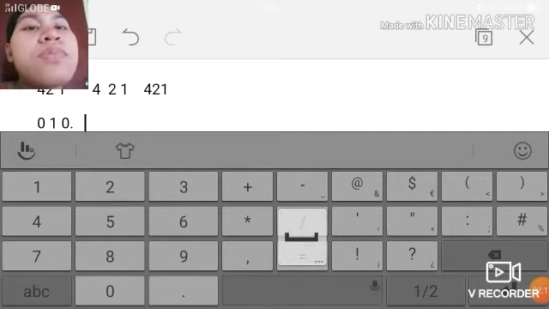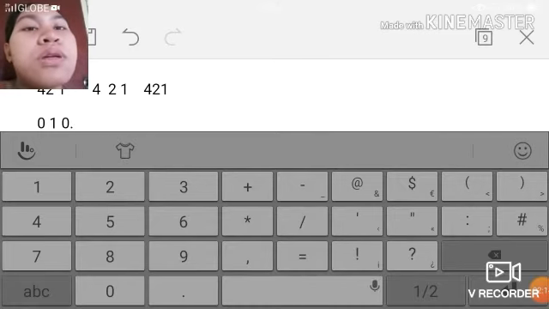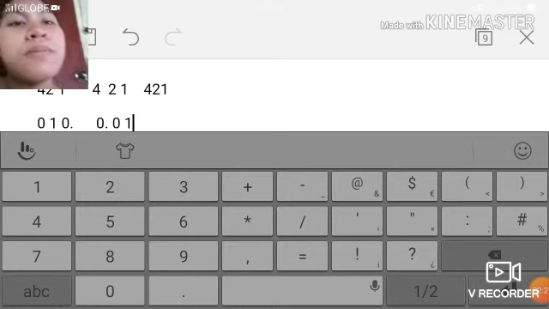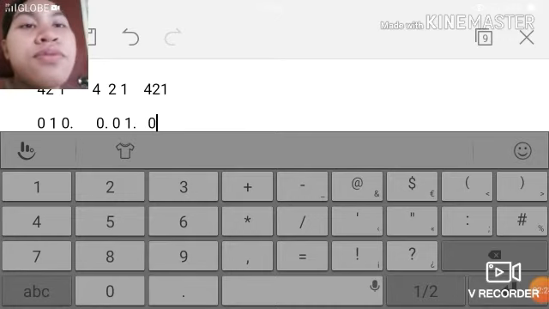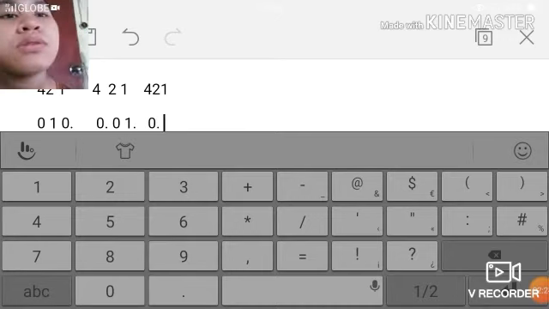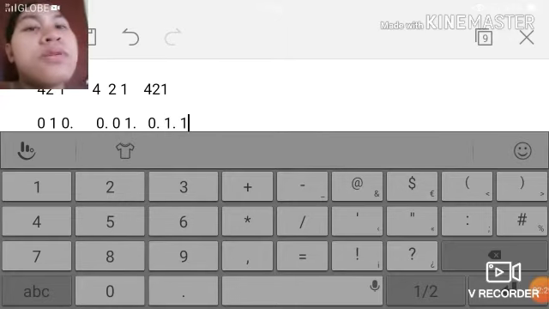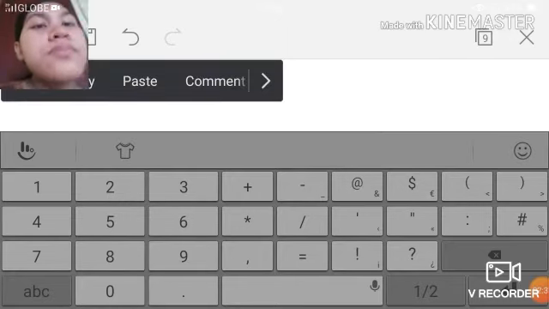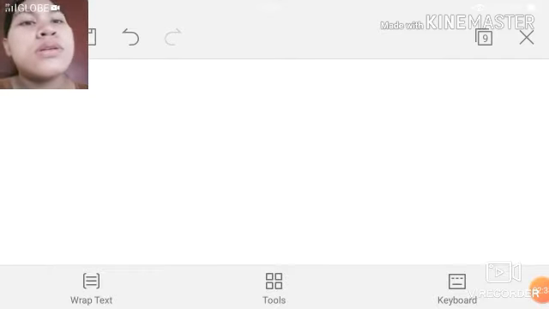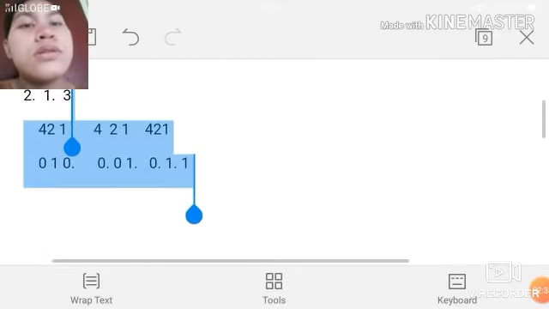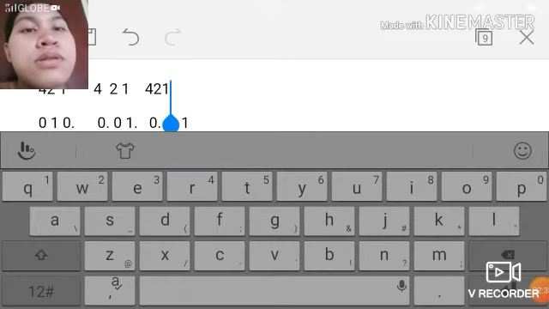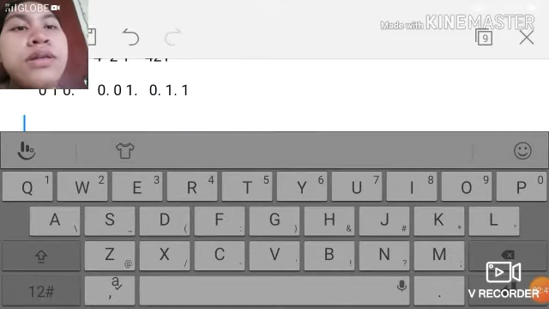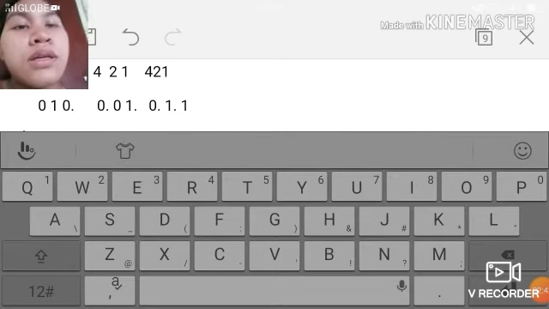Then for 1, we're not going to use the 4 and the 2, but we use the 1, so we assign 1. Then for 3, we're not going to use the 4, but we use the 2 and the 1, so we assign 1. So this will be the binary equivalent of 213.